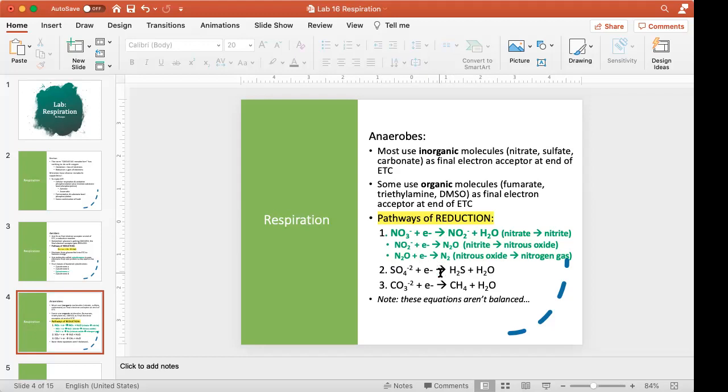Nitrate looks a little complex. And that's because there isn't one pathway of reduction for nitrate. There are actually three. But here's the kicker. They're not three separate reduction pathways. It's one long pathway. In other words, nitrate can be reduced this much, or it can be reduced this much, or it can be reduced this much.